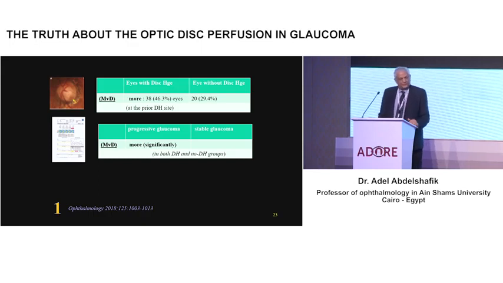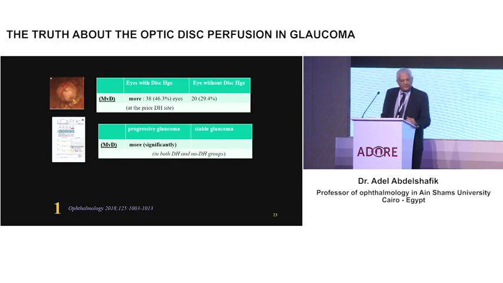This is the first one. Here, the authors checked cases with optic disc hemorrhage, and they found that eyes with optic disc hemorrhage get microvasculature dropout more. It's around 46% compared to eyes without disc hemorrhage, which was only 29%.